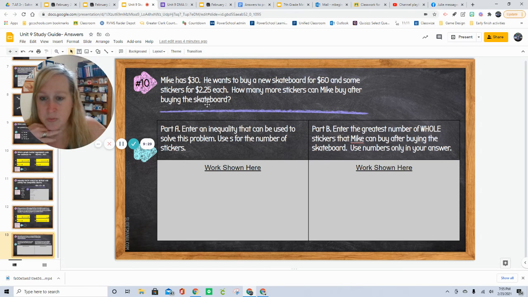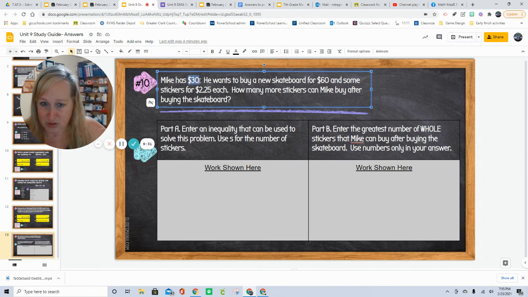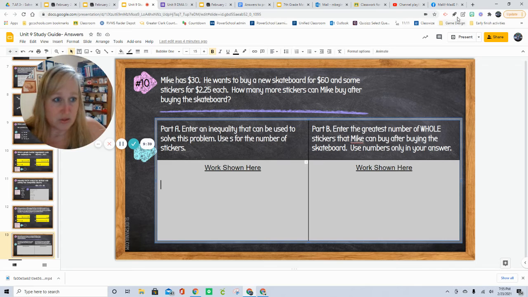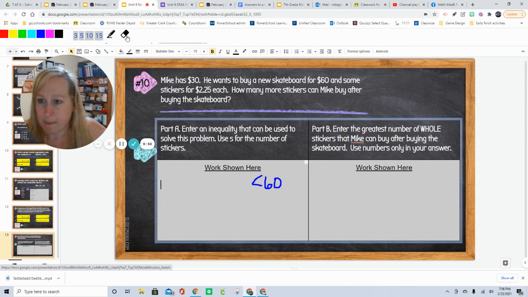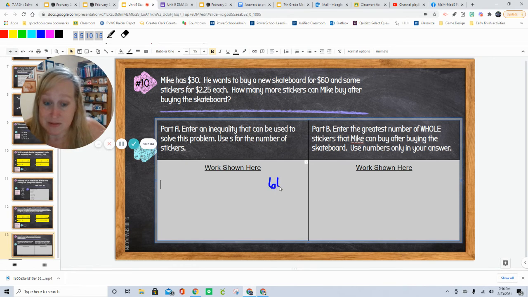Okay? So we know that Mike has $30, but his skateboard is $60. So Mike needs at least $60. I'm going to try to write this before I type it. So he needs at least $60. I did that backwards. Let's write it again. Sorry. So Mike needs $60. Okay.